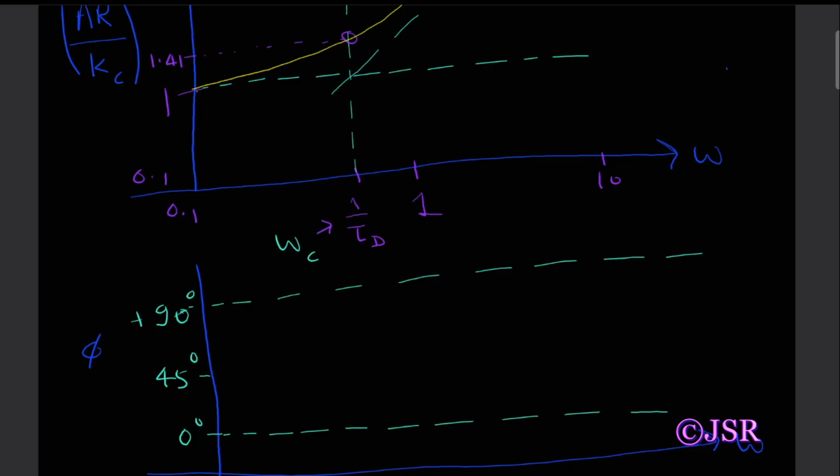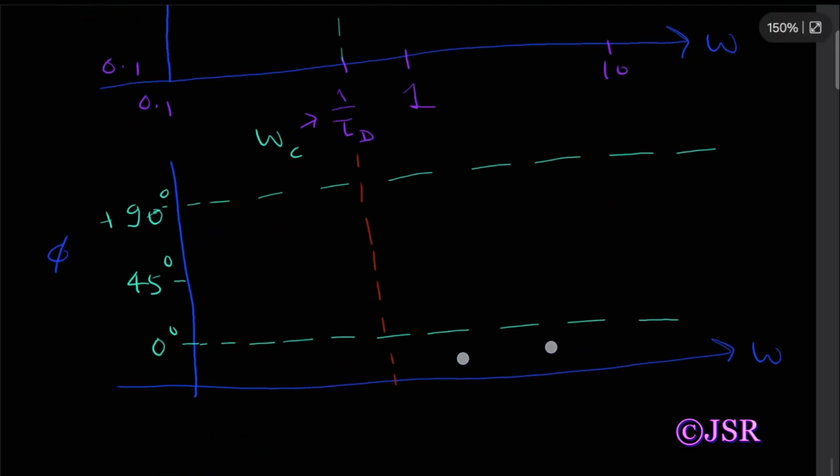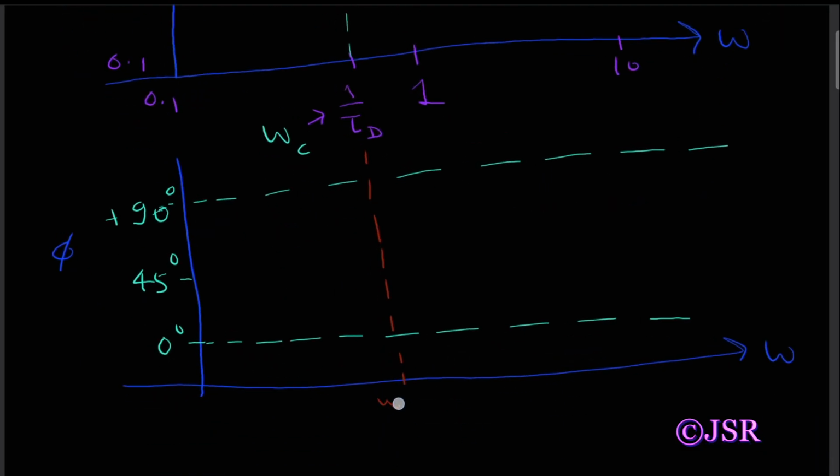So at this point, when omega is equal to omega c, and this is equal to 1 upon tau d, in that case the phase shift is 45 degrees.